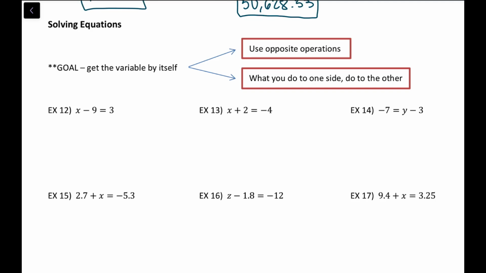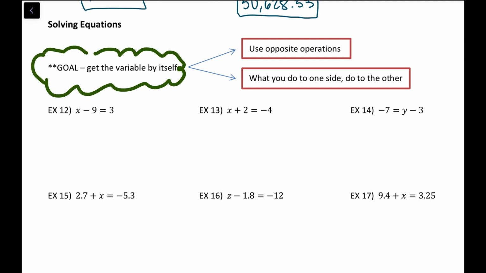We will pick up here with notes for assignment A5, starting here with solving equations. So you see that our goal is to get the variable by itself. And in order to do that, we need to use opposite operations.